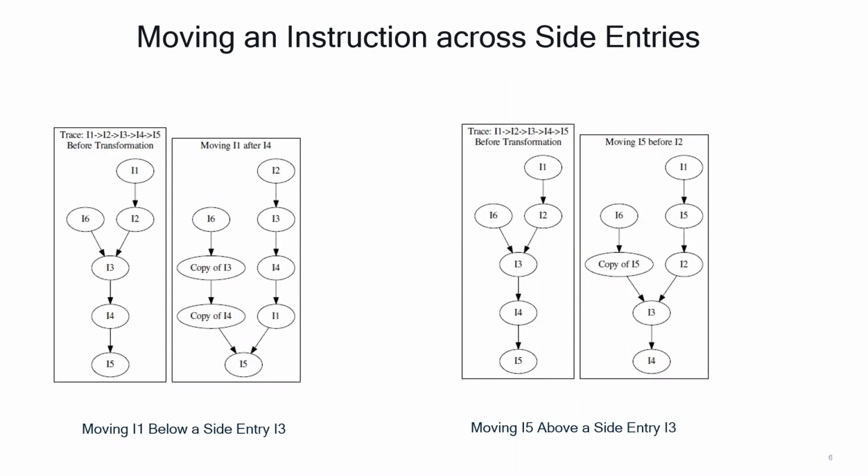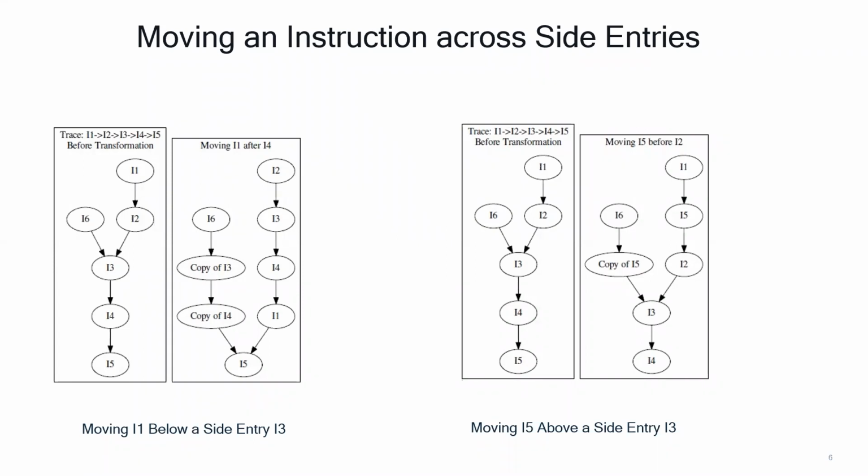The reason I asked that question is the frequency of I4 and I5 are the same. So instead of moving both I4 and I5 there, why are we moving only I5? Is there any design decision behind that? That's the motivation behind the question. There is no such decision, this is just an example.